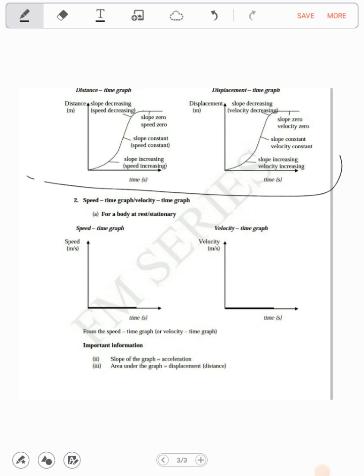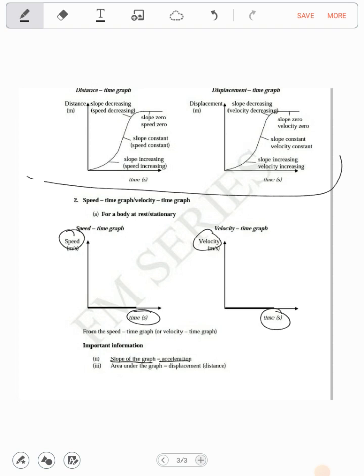Now, that slope, the one which they are saying here, the slope of the graph is called acceleration, is what we draw like that, or like that, or it can even be like that, depending on the information provided. So a speed time graph has got speed on the y-axis and time on the x-axis. A velocity time graph, respectively, has got velocity on the y-axis and time on the x-axis.